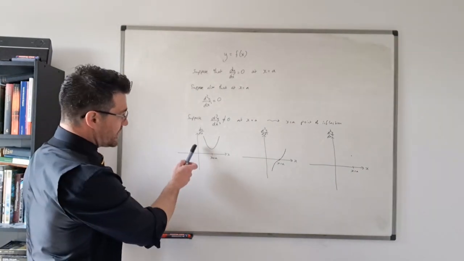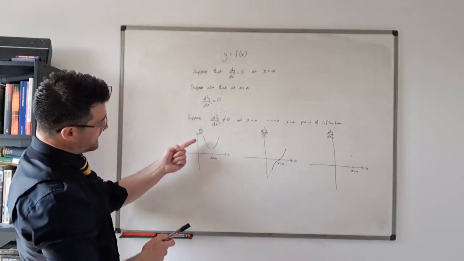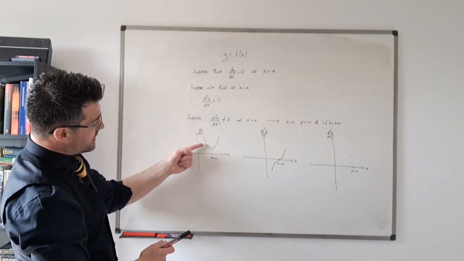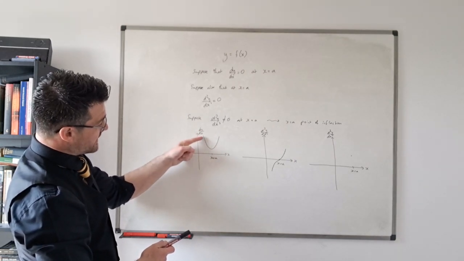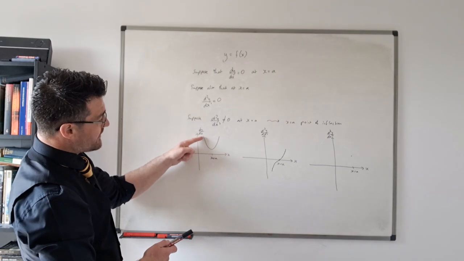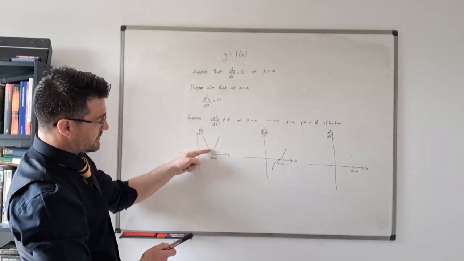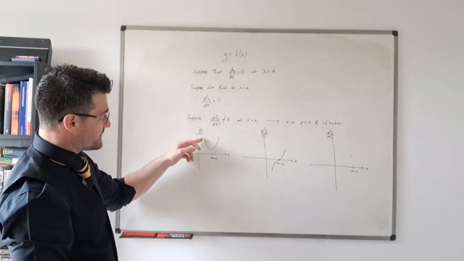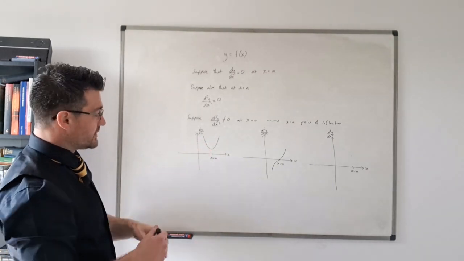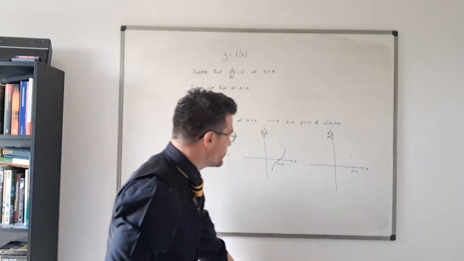So I'm not going to draw it in, but you can see here that the value of dy by dx is positive, but decreasing. Okay, positive but decreasing. So, okay, I will draw it.